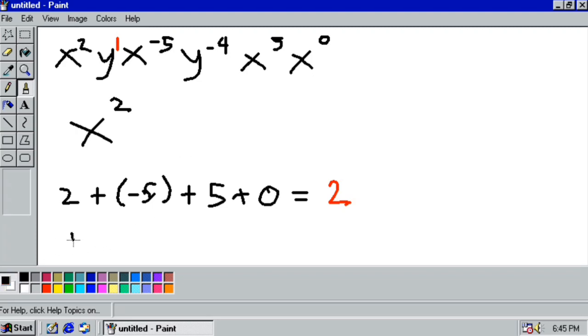So we have 1 plus -4, that's -3. So for our y variable, we're gonna have y to the -3. So this is the final answer.